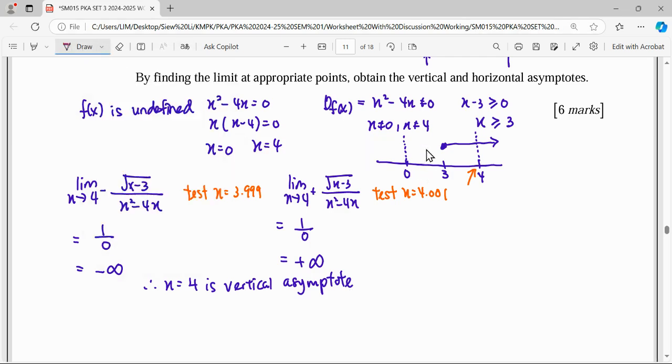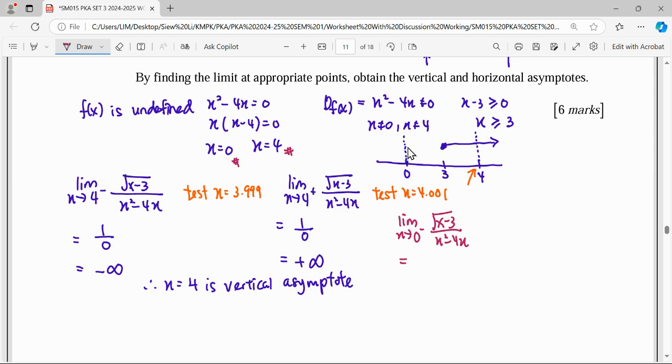Then just now we had two values. 4 we already analyzed, kita dah buat kiri kanan macam mana graph dia pergi. Dia pergi infinity, maksudnya itulah asymptote dia. So now we analyze this. When x approaches 0 from the left hand side, what happened? Do we need to calculate?